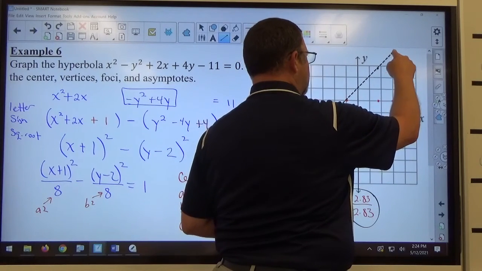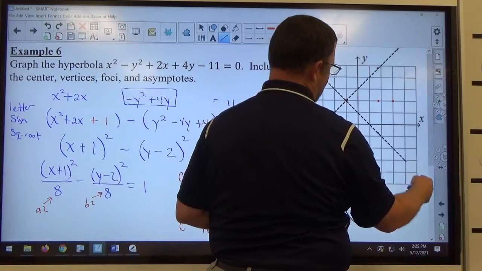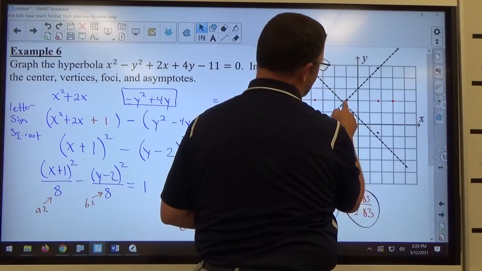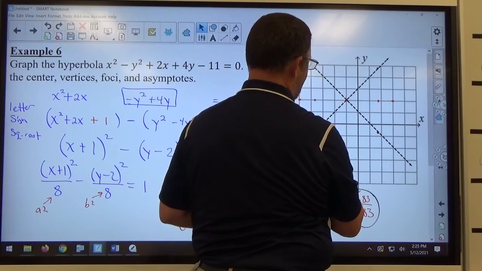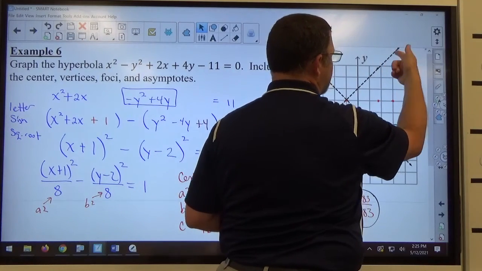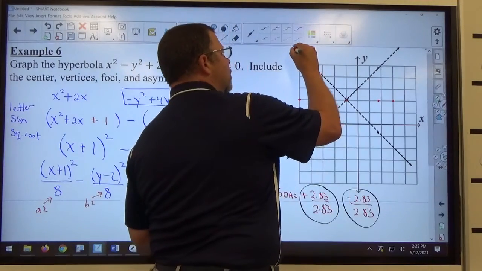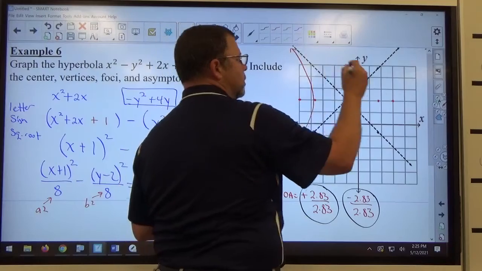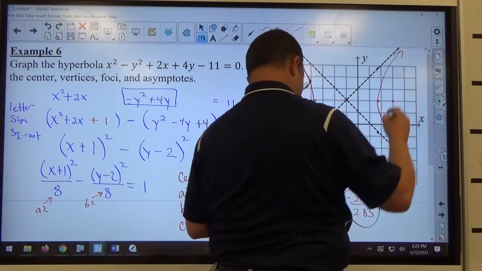There's one slant asymptote. There's my other slant asymptote. And draw them long enough so they're beyond the vertex, so you can actually start at the asymptote, come through the vertex, and end at the asymptote. Start, go through vertex, end, and view the graph.